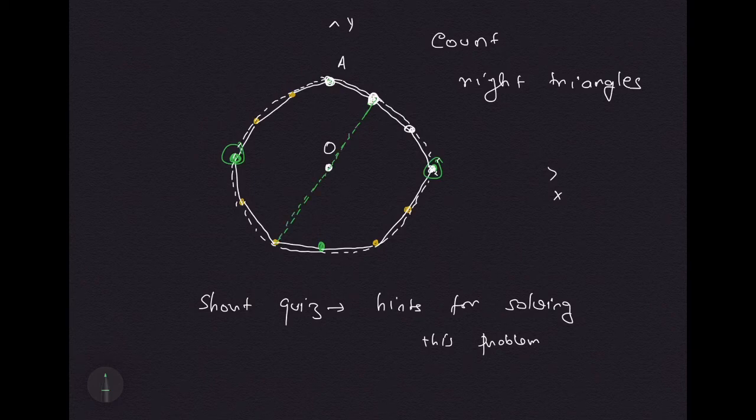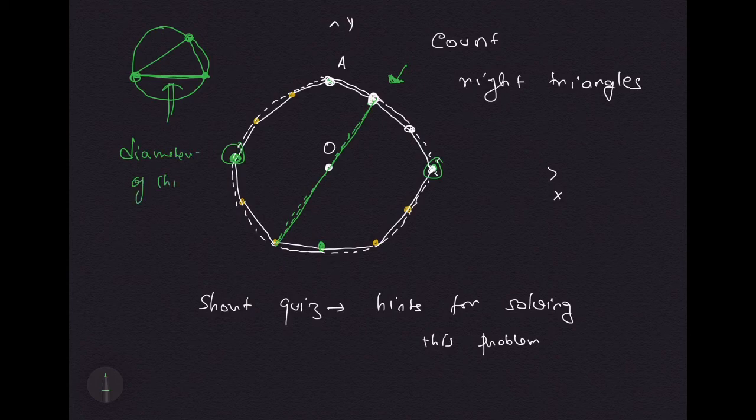After all, if you want to fit a right triangle inside a circle, suppose you want to create a right triangle in the circle, then if the vertices are all symmetric as in this case of this polygon, the largest side, the hypotenuse, will be the diameter of this circle.